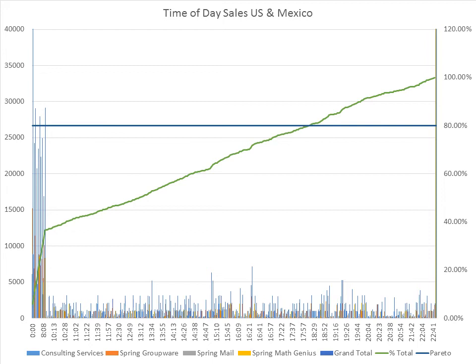And as you can see, you've got your 80% Pareto rule line there, and then the percentage total trend line as well. So you can really see what time of day products were bought the most. For some reason it was mainly between midnight and 8 a.m. that most of the products were bought, which was kind of strange to me.